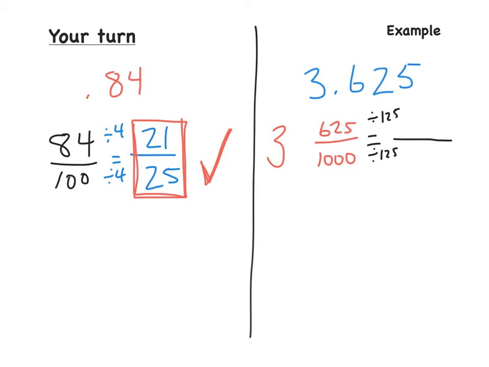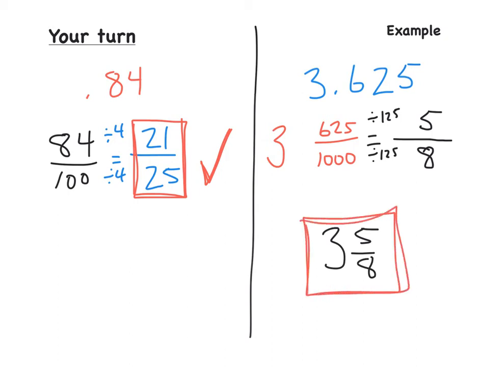But 625 divided by 125 is 5. 1,000 divided by 125 is 8. So we need to bring back down our 3, bring down our 5/8, and combine them together. 3 and 5/8 is the fraction that we come up with for 3 and 625 thousandths.